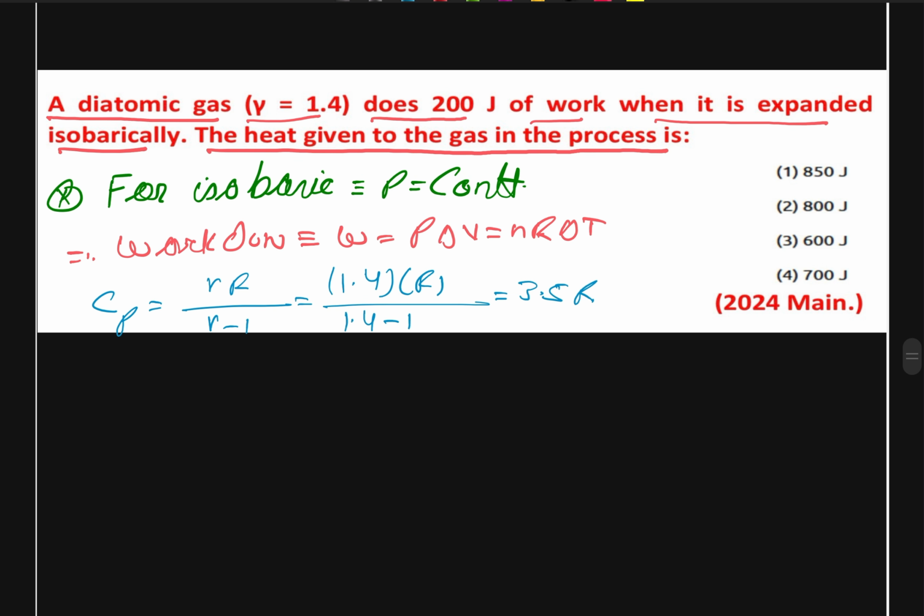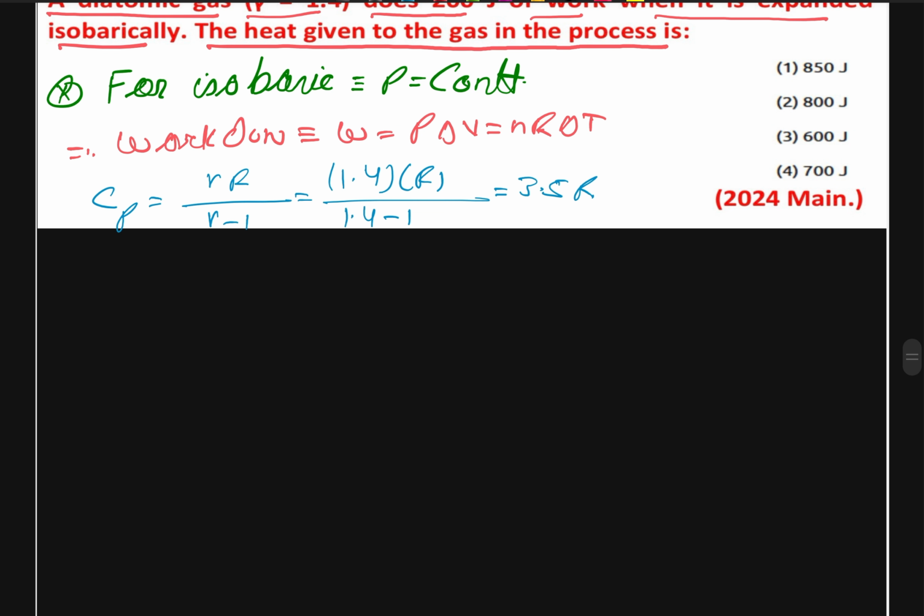We have to find out the heat. And for C of P, we can write that our heat, that is our Q, will be equal to n C of P multiplied by delta T.